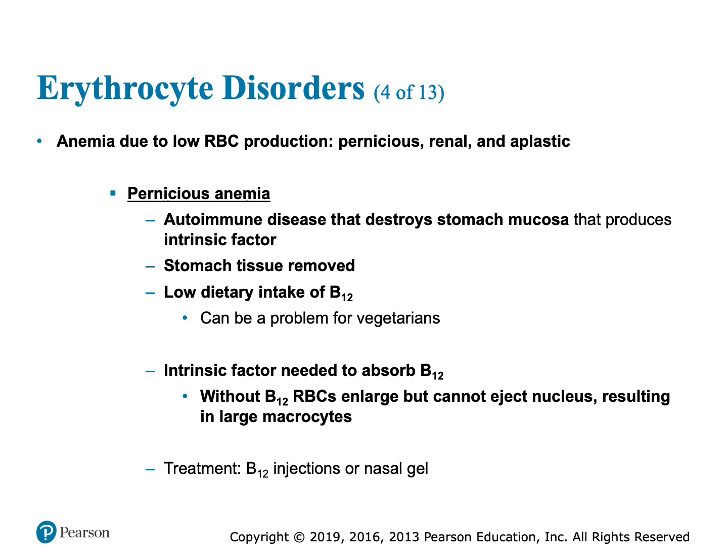Pernicious anemia, we did this one. What if you don't have intrinsic factor? You have to have intrinsic factor to absorb your vitamin B12. If you don't have vitamin B12, your red blood cells can't spit out that nucleus like they're supposed to, so they're going to be bigger. Instead of microcytes, now they're macrocytes. But what's in the way?